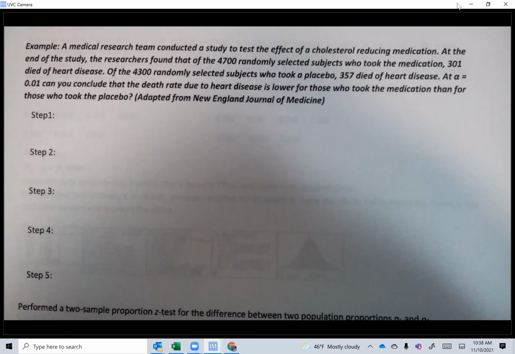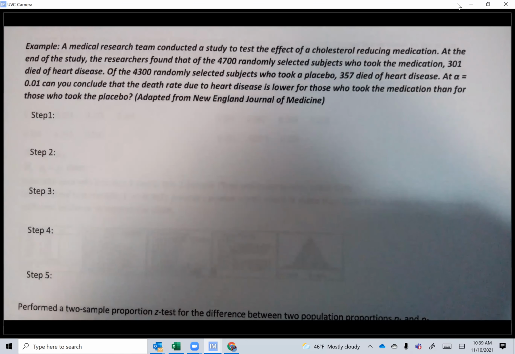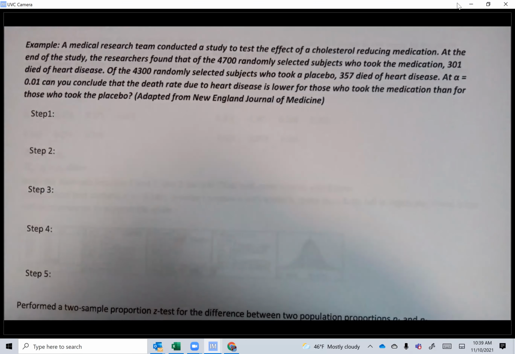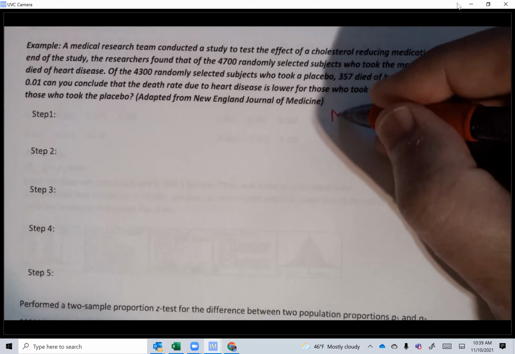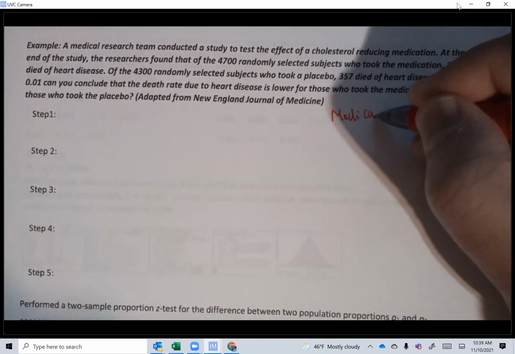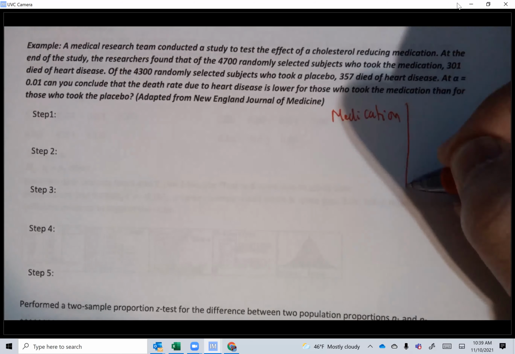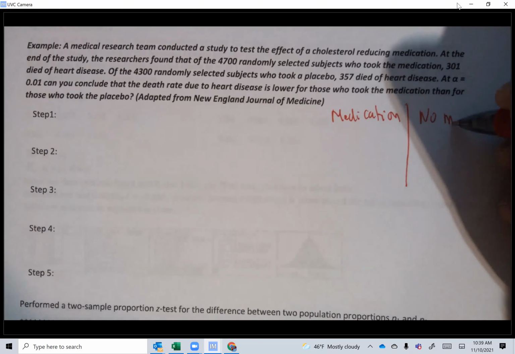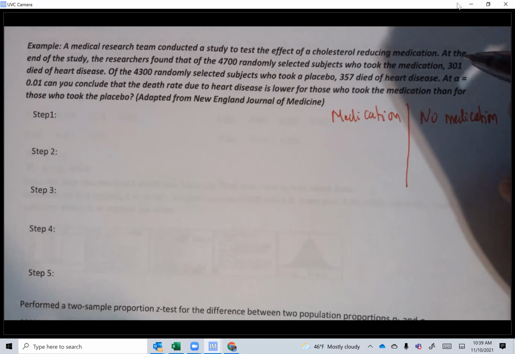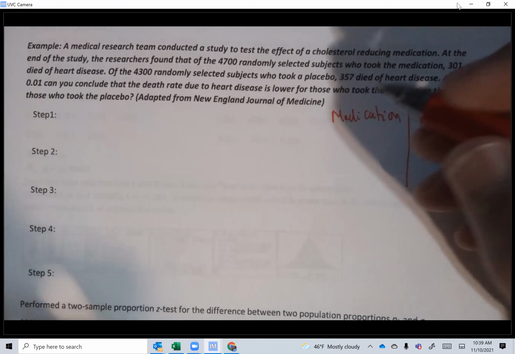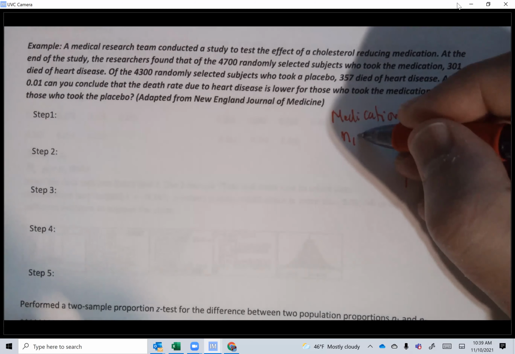At the end of the study, the researchers found that of the 4,700 randomly selected subjects who took the medication, 301 died of heart disease. So look, medication, and probably the other one, no medication. Placebo. See, it's all real life situations that you're learning now.